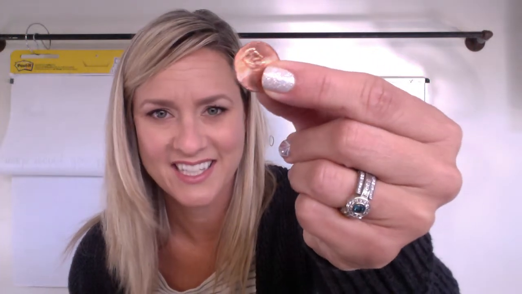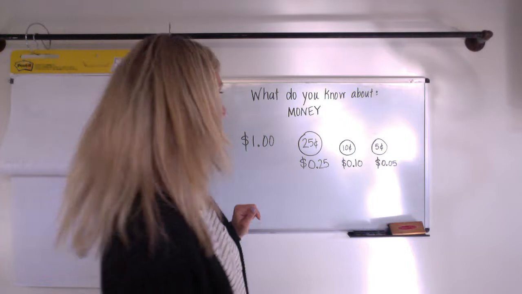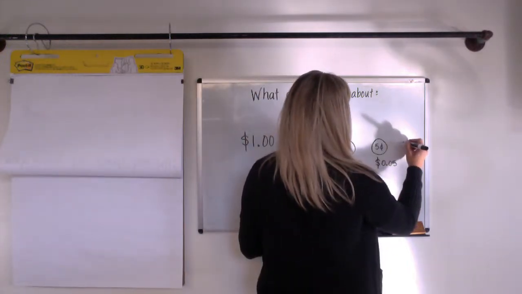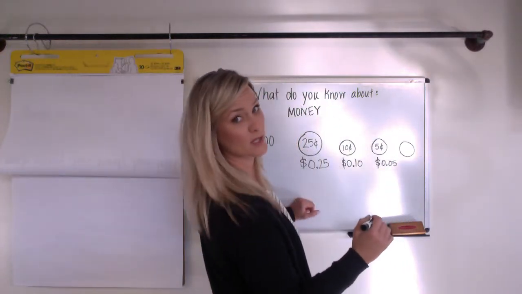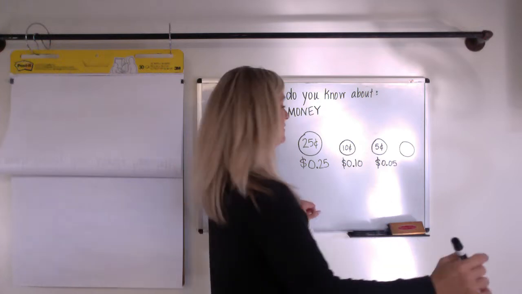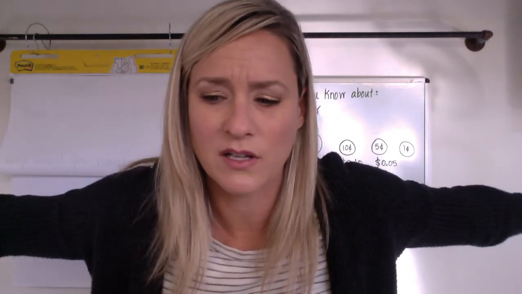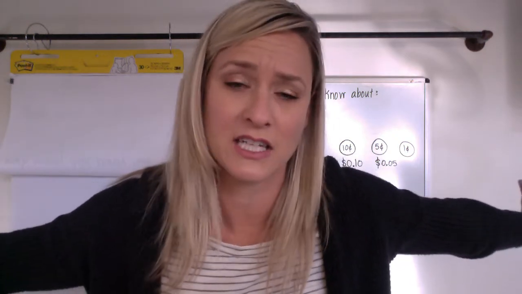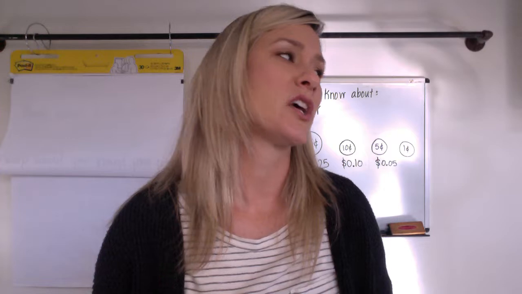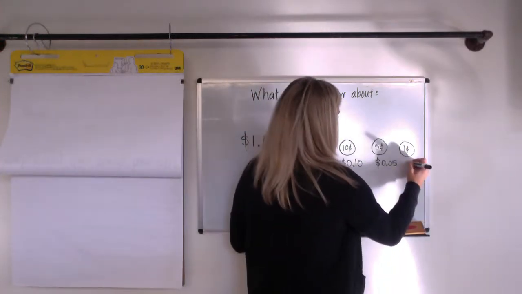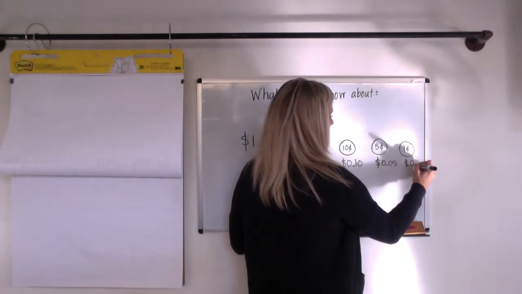What's this? It's a penny. And a penny is worth what? 1 cent? 1 cent. Okay, so the penny is worth the least of all. It can buy you practically nothing all on its own. So let's write the penny with the fancy pants style.